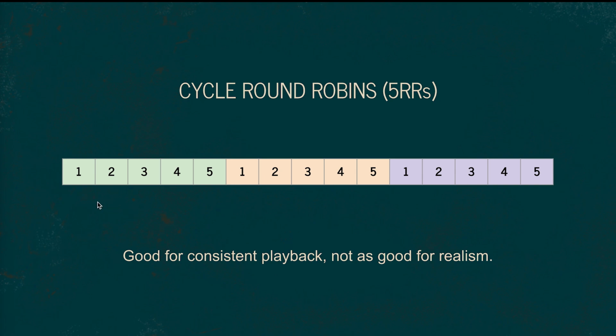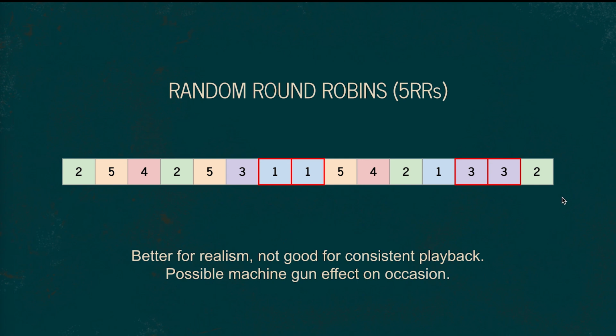Usually when you press stop on the transport in your host, it sets it back to the beginning. So every time you print your stems or your mix, it's going to sound exactly the same. And that's a good thing. And that's my preference. I'm in that situation usually with the finicky ad client. So I like to use cycle round robins, but I'm making a compromise.